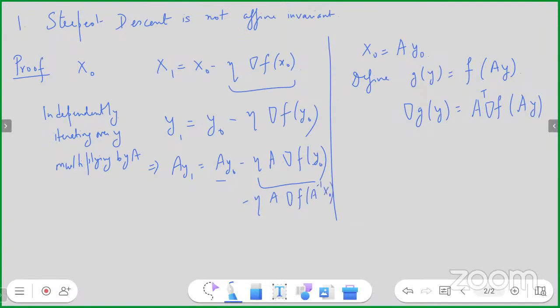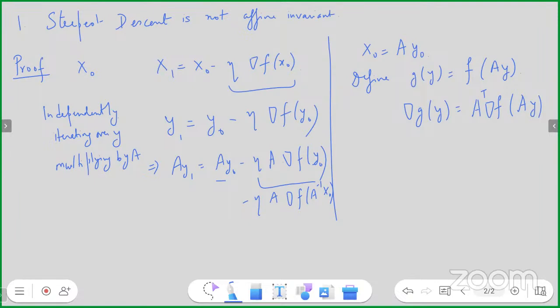Now what should I do? Okay, so what will turn out? Then A inverse transpose. Supposing A inverse is identity, what remains? We just get gradient f of g of y1.